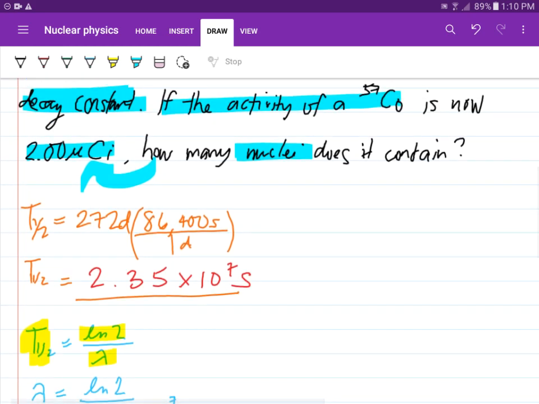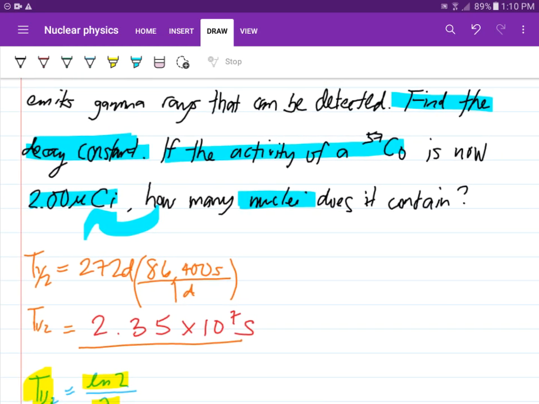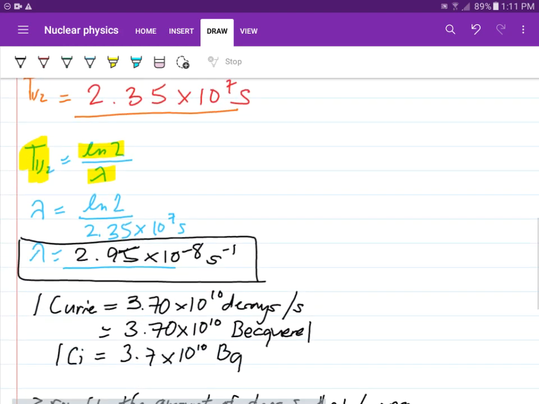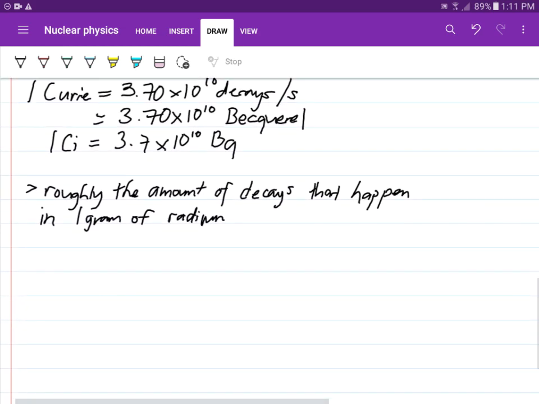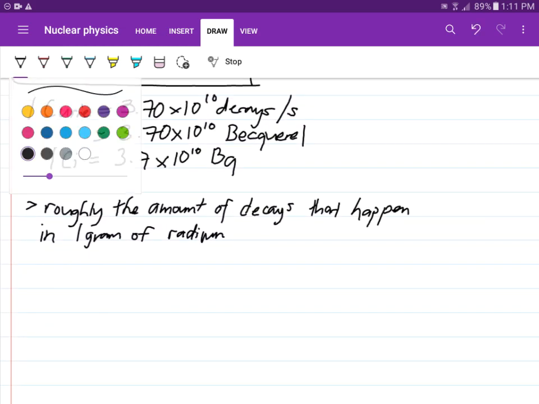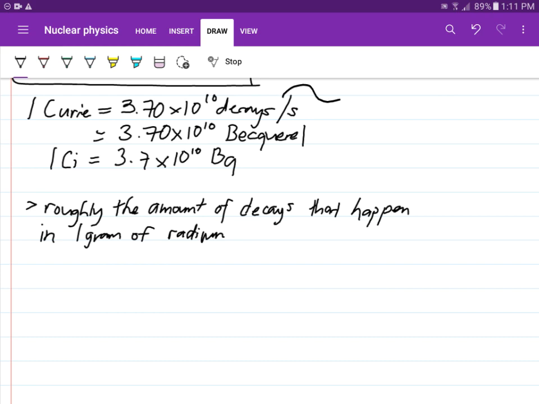So next, given that the activity is 2 microcuries, how many nuclei does it contain? First, let us discuss what the unit of curies means. The unit of curie is used for quantifying radioactive decay.